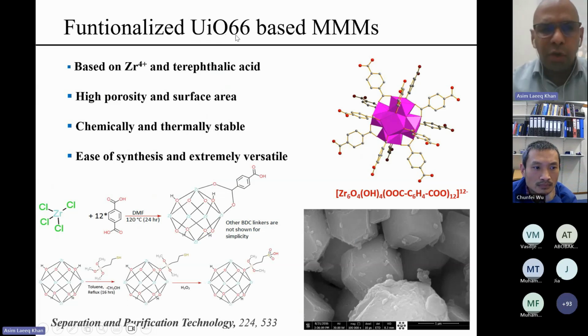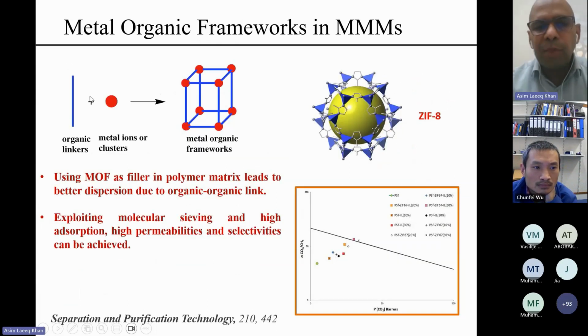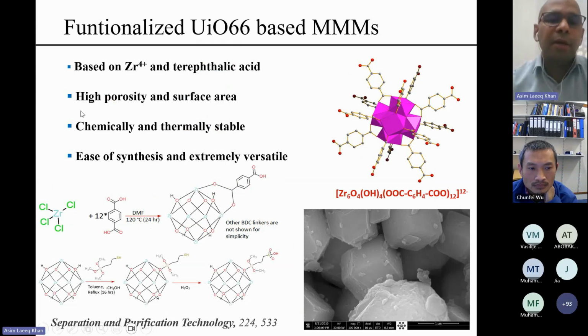Depending on the type of linker and the type of metal that is used, we can make hundreds of different types of MOFs. One example is UiO-66, which is a zirconium-based MOF, and terephthalic acid is used as the organic linker.